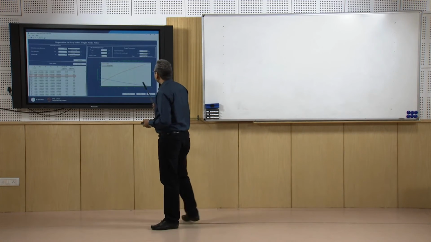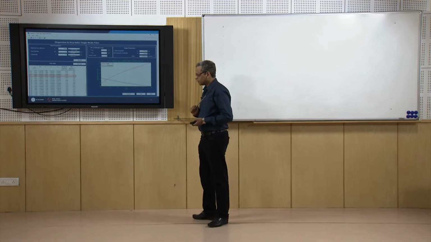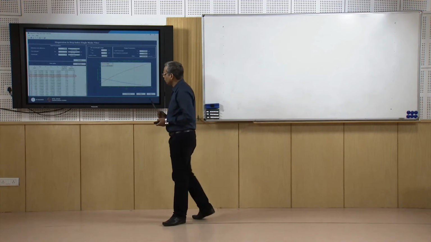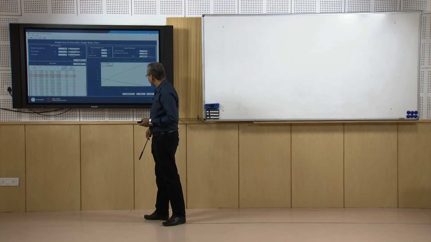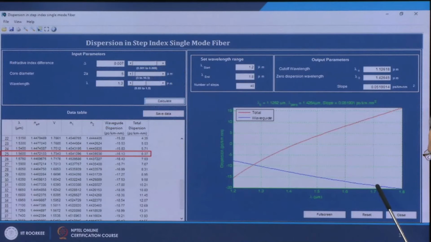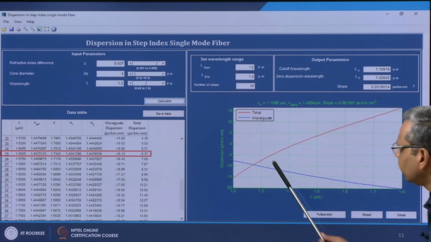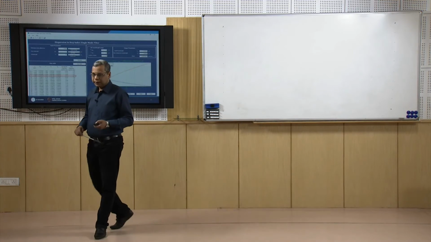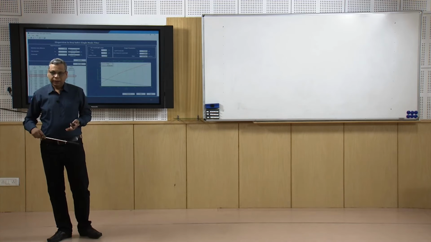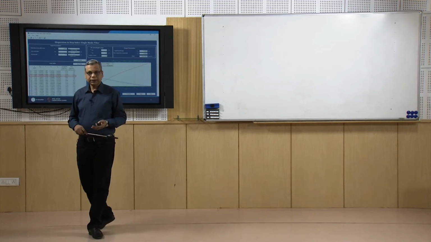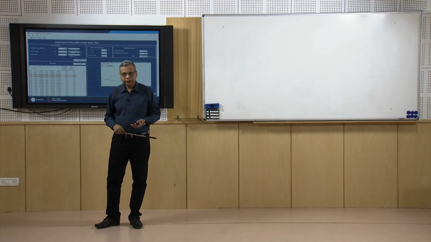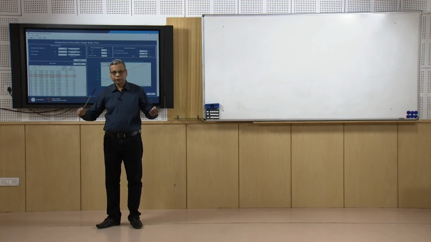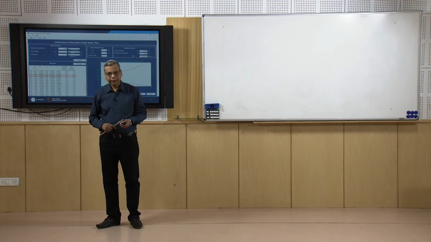What I also notice in all these curves is that for a given fiber, the magnitude of waveguide dispersion is larger at longer wavelengths as compared to at shorter wavelengths. Why is it so? It is understandable because at longer wavelength the field spreads more into the cladding.